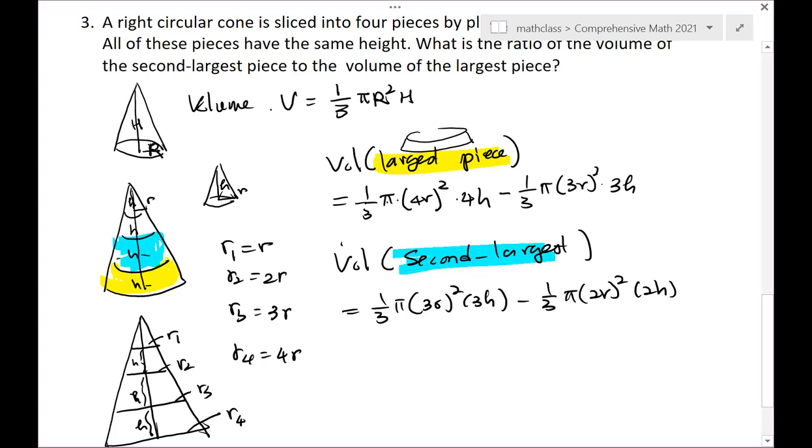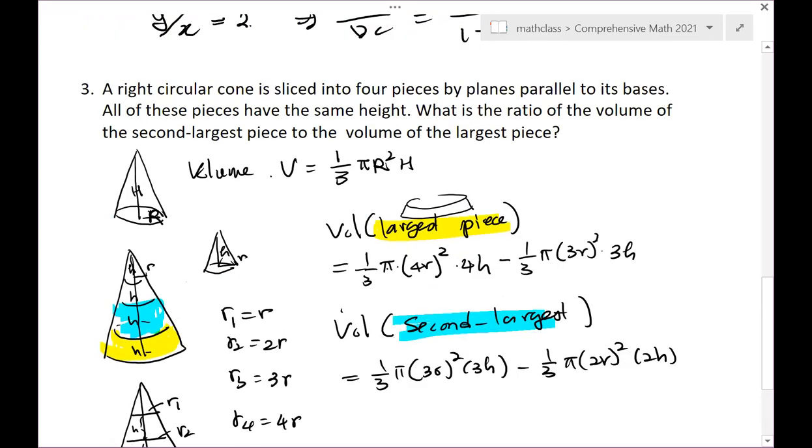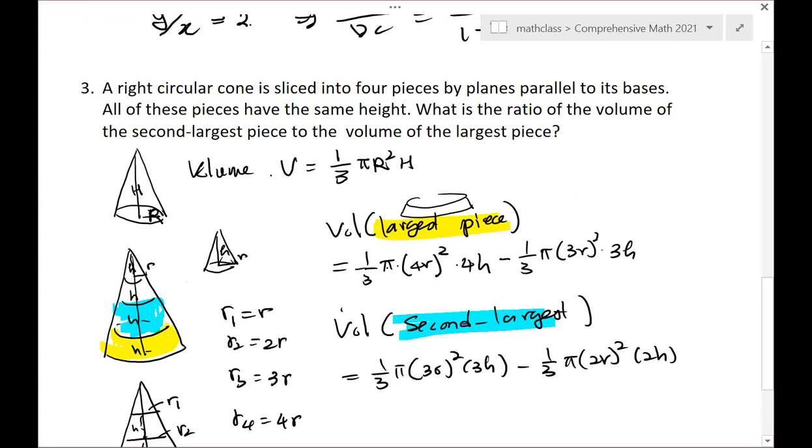All right, so all I have to do is just find the ratio, right? And then you will get the answer. So the ratio, let's say what should be on the top? The ratio of the second largest to the volume of the largest piece.